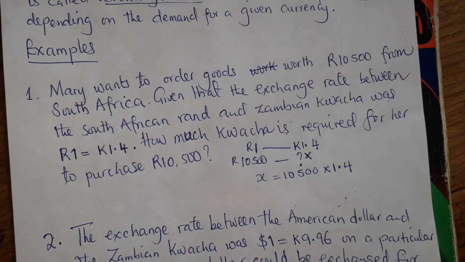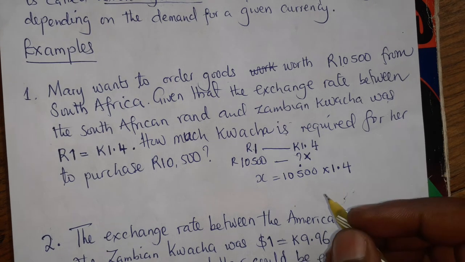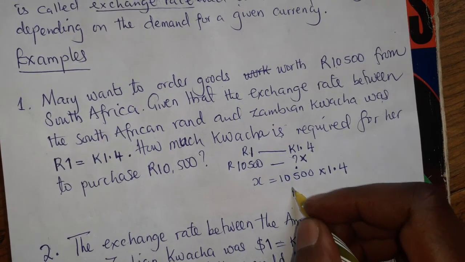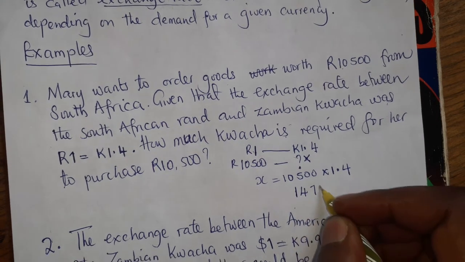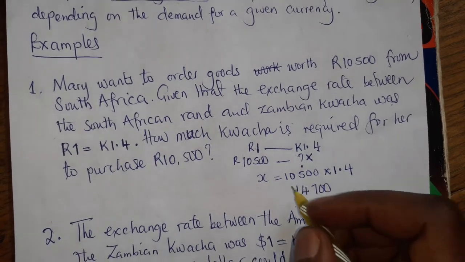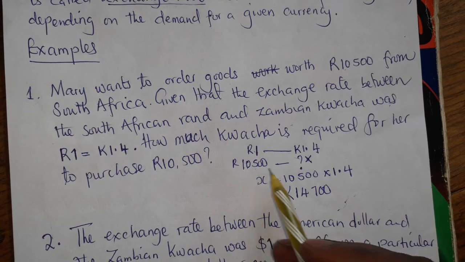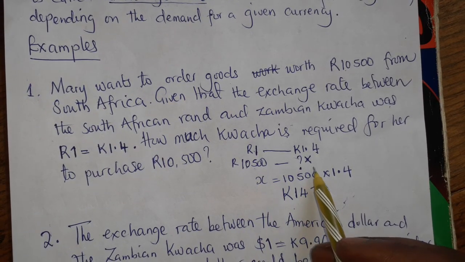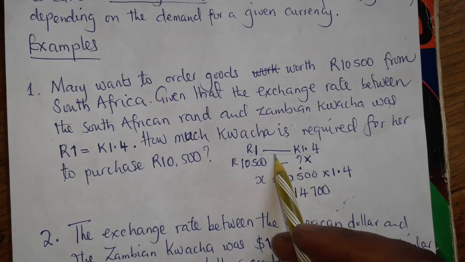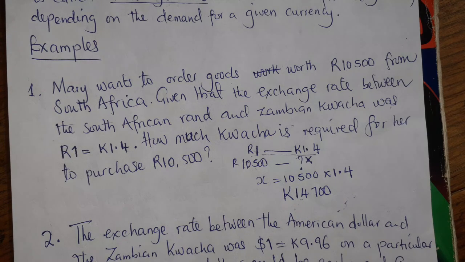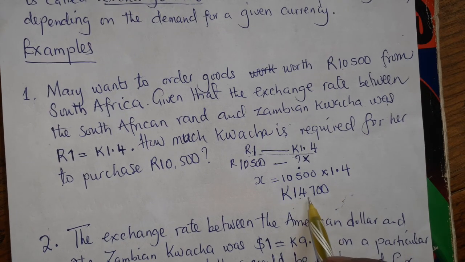So let's multiply. What are we getting? When we multiply, this is going to give us 14,700 kwacha. So when you have 10,500 rands, when we exchange this using this exchange rate, in kwacha we are going to have 14,700.